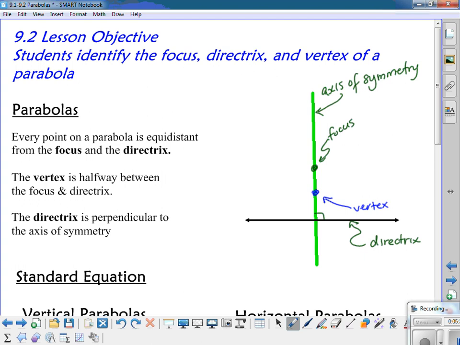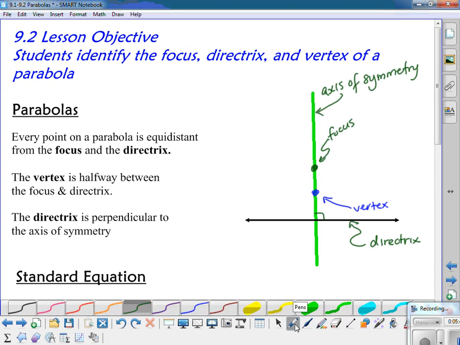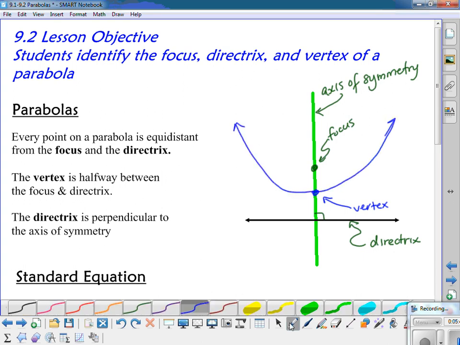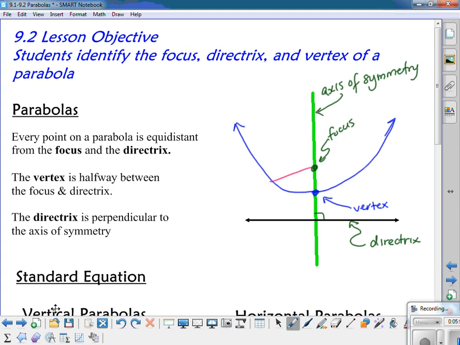So a parabola is all the points that are equidistant from those 2 points. So if I have my parabola, if I draw a segment from the focus to the side of the parabola, and then from the parabola down to my directrix, they are the same distance apart.